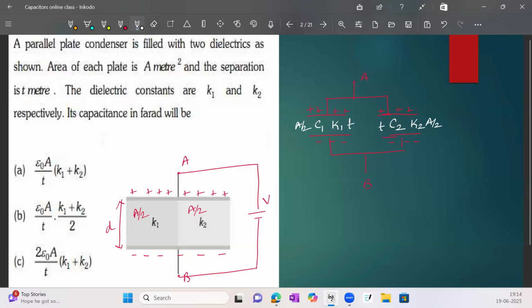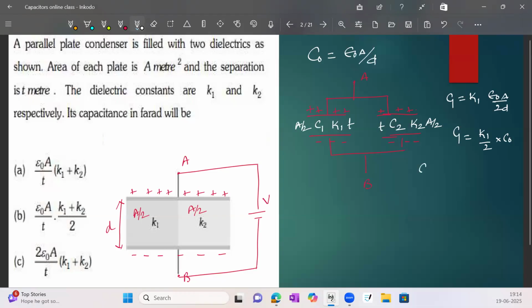Now we have the formula: when placed with the dielectric material, C1 equals K1 into epsilon naught A by 2 into D. So C1 becomes K1 by 2 into C naught. Why? Because epsilon naught A by D is the C naught.